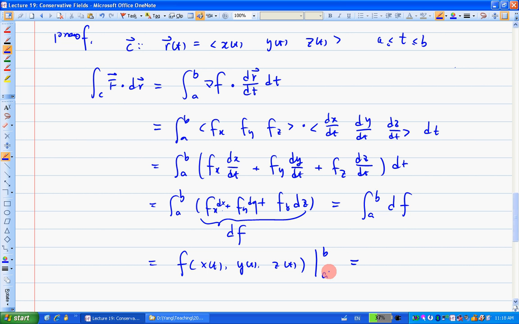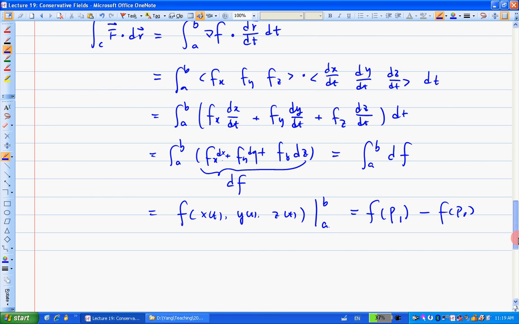When you substitute t equal to b into these points here, that gives us the point p1. When you substitute t equal to a into here, that gives us the point p0. So this is why the original theorem is f of p1 minus f of p0. So here's a short proof of the fundamental theorem of calculus for line integrals.